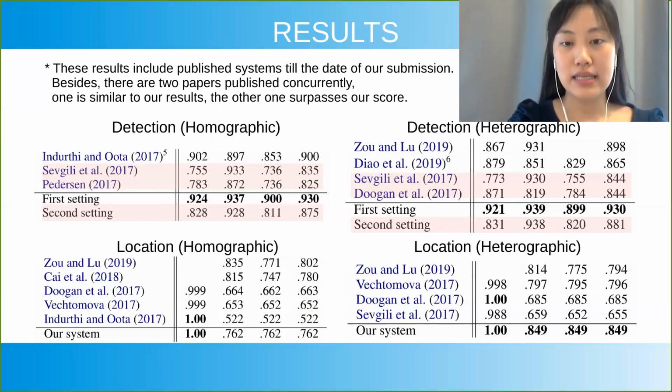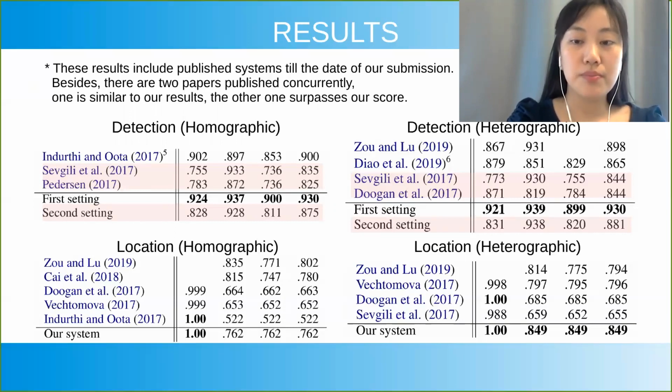The second setting is the one using our own training data and does not use any data from the task for training. From the results, our first setting leads to the best scores. Our second setting also outperforms all the teams which do not use official data for training. That's the teams masked with color blocks by about 4%.